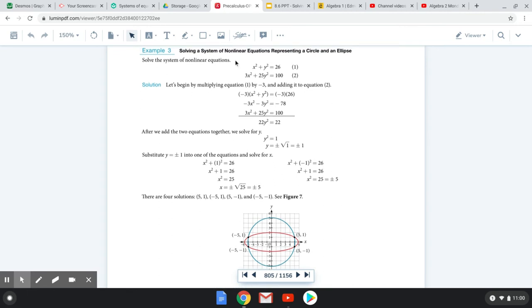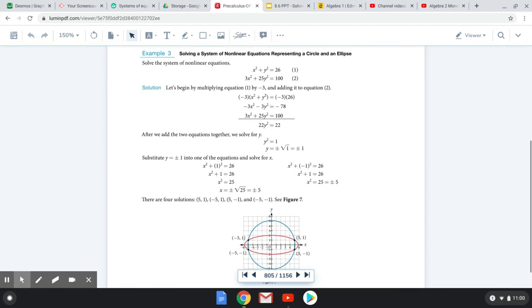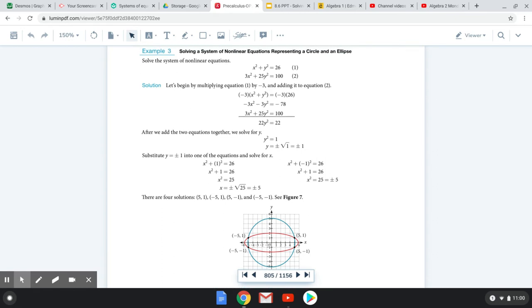All right, so we have a situation here where we have, this is our circle and this is our ellipse. And we are going to be using elimination to solve this.